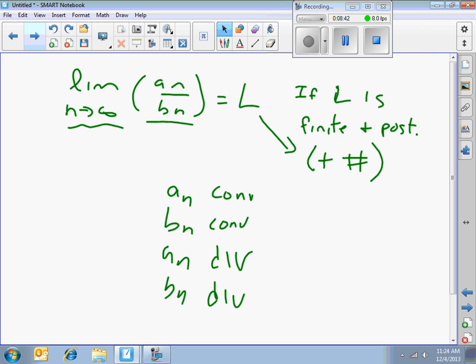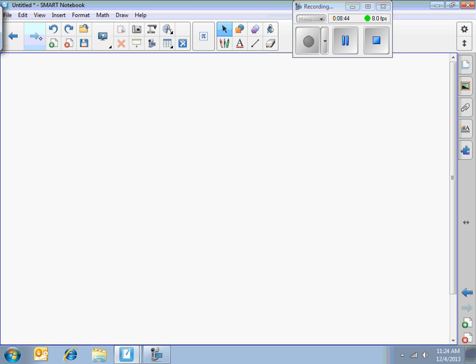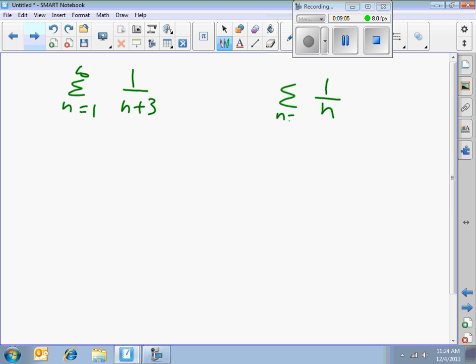All right, so let's see an example. I think that'll get you guys less confused about this. I'm going to look at the series as n goes from 1 to infinity of 1 over n plus 3. Now, by the way, we could use direct comparison on this. I would compare it to the harmonic, perhaps, and do that. But let's look at it as limit comparison. I am going to compare this to the harmonic 1 over n. So I'm comparing it to this series here.